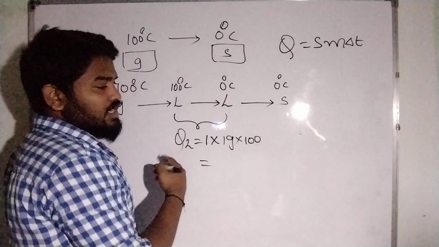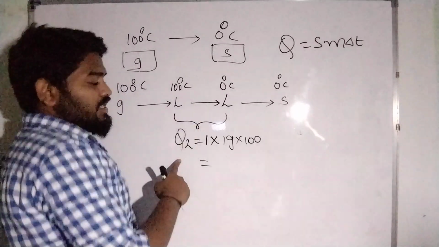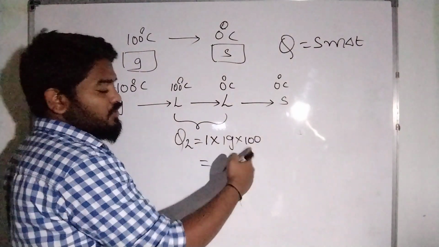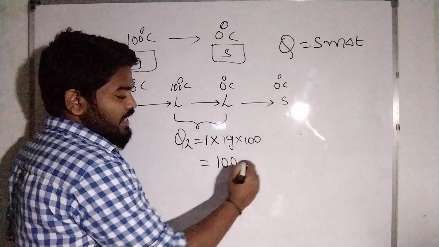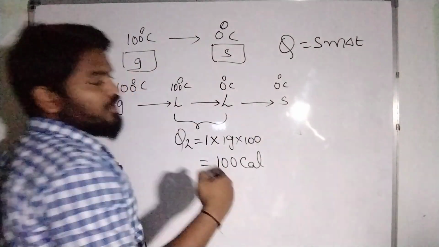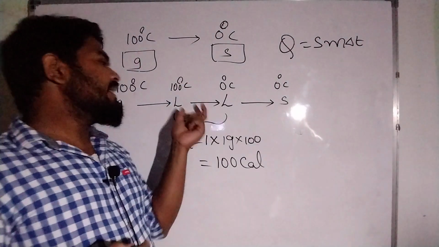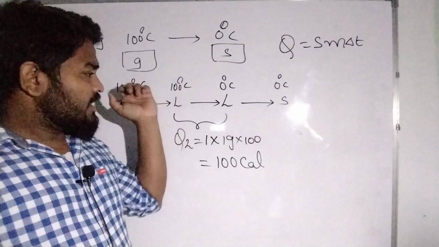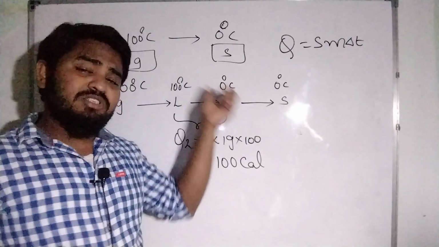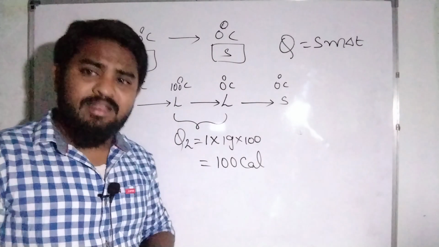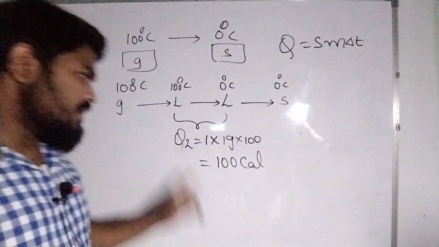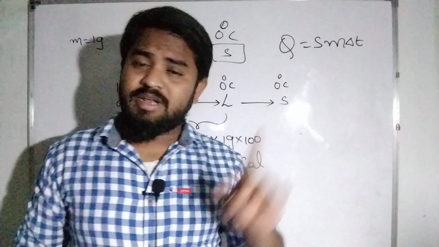So the heat energy released is 1 into 1 into 100, that means 100 calories. When the liquid changes its temperature from 100 degrees Celsius to 0 degrees Celsius, 100 calories of energy would be released.